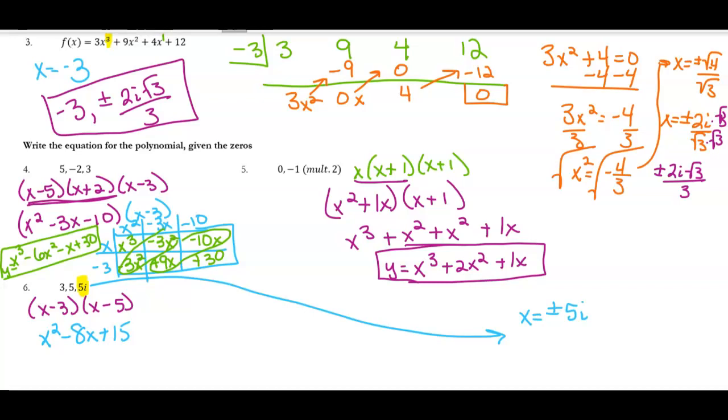Okay, so the only way I'm going to get a plus or minus is if I have a squared. The only way I get an i is if there was a negative number, and I took the square root of something and got 5. Well, I took the square root of 25 to get 5, and so this is a negative 25.